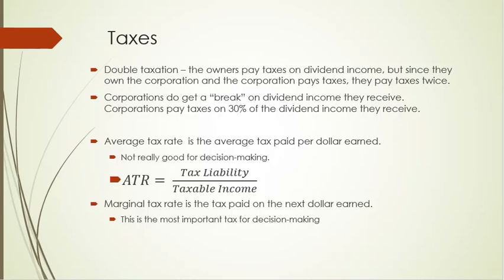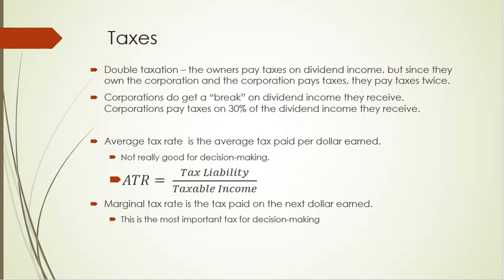They only pay taxes on 30% of the dividend income they receive. So this sounds like a good deal for them, but again, because of double taxation, if they paid the full tax on dividends, that would essentially create triple taxation.